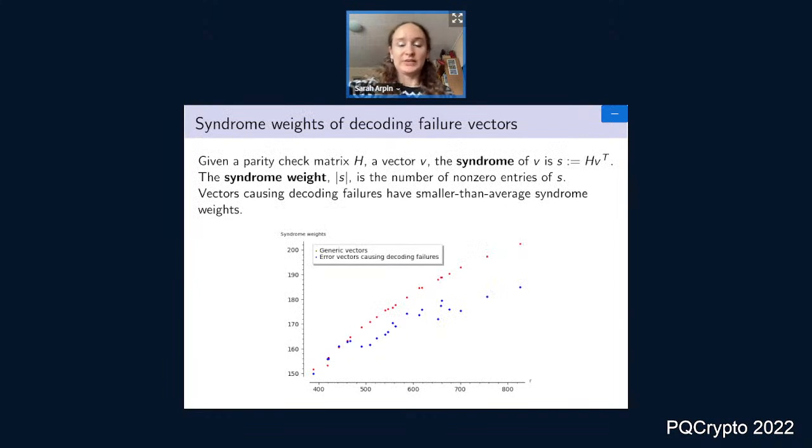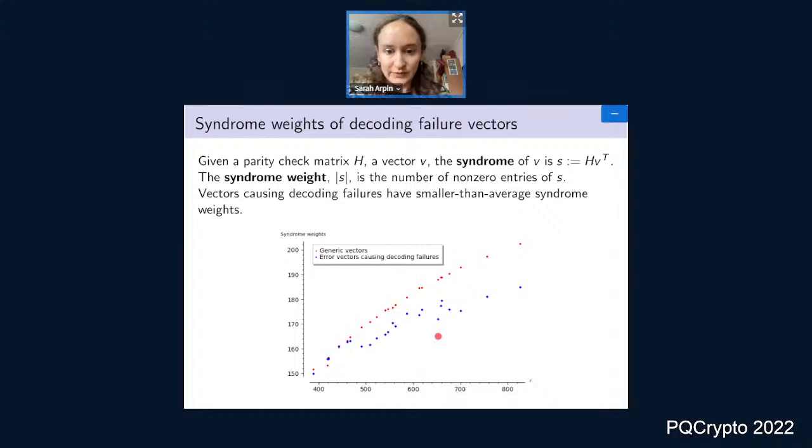Here again, you can see another experiment that we ran on our random vectors versus our vectors which cause decoding failures. This is another distinguishing feature that we were looking at: the syndrome weight of the error vectors themselves. In the red plot, you can see generic vectors of the correct weight t, and their average syndromes across our varying R values that we computed the DFR for.